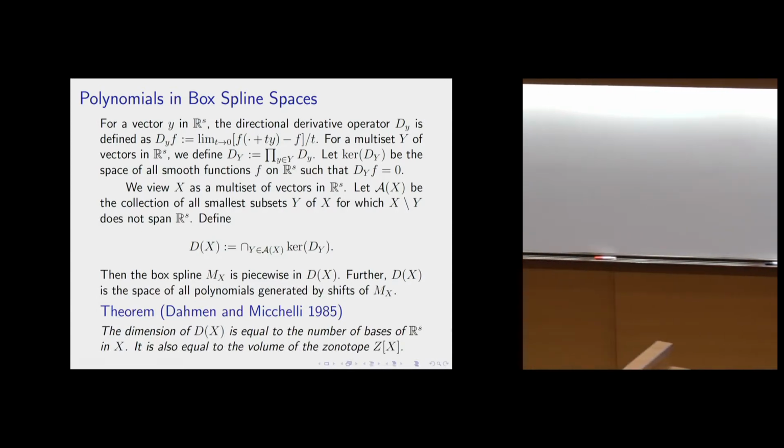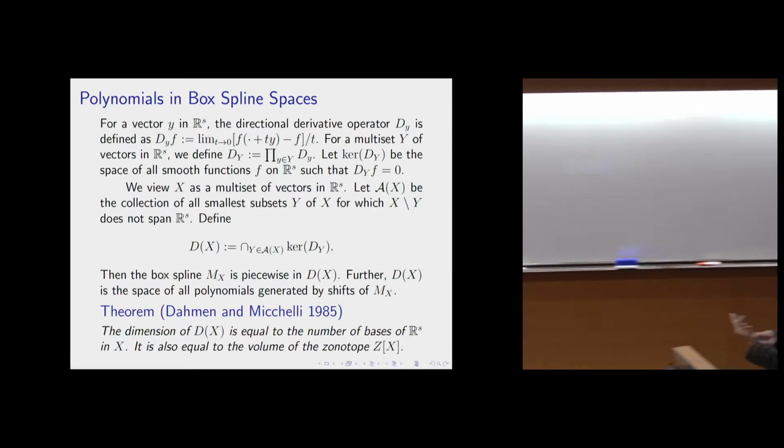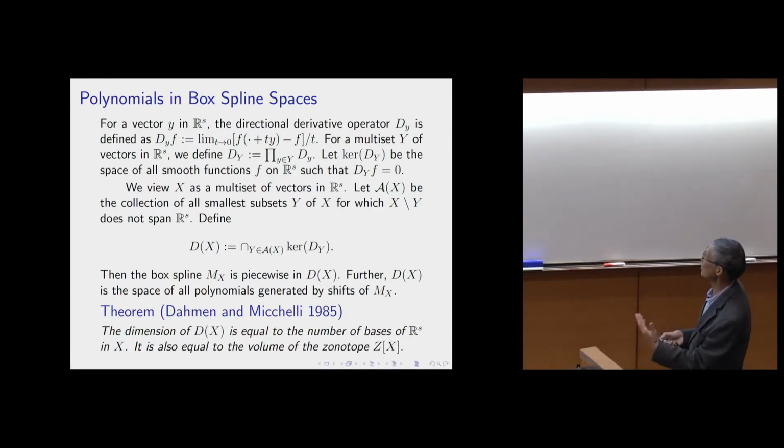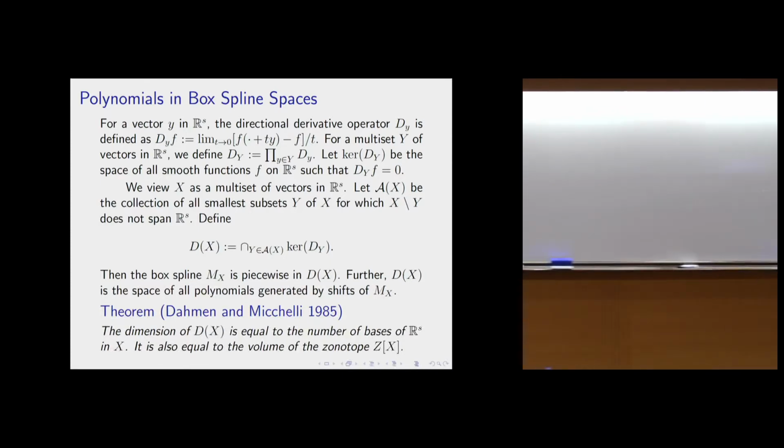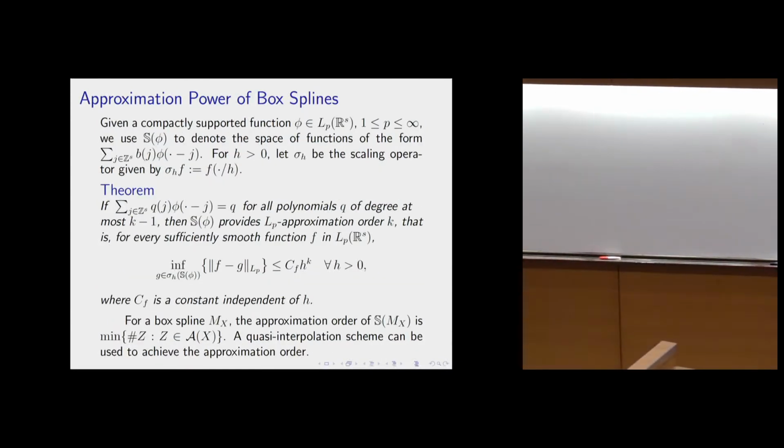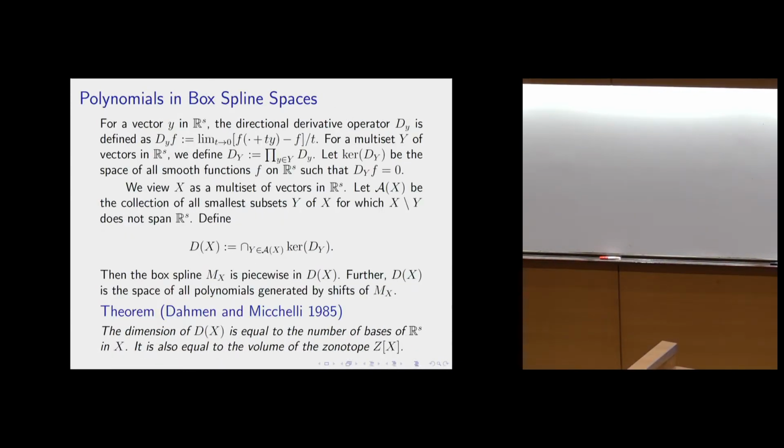And in the book by De Boor, Höllig, and Riemenschneider, they noted that without this important result, probably they would not have written that book. But here the dimension of the kernels or joint kernels is equal to the number of bases in X. It is also equal to the volume of the zonotope.